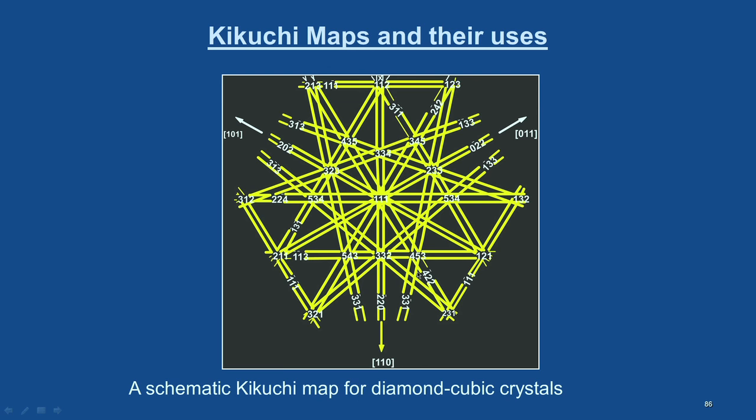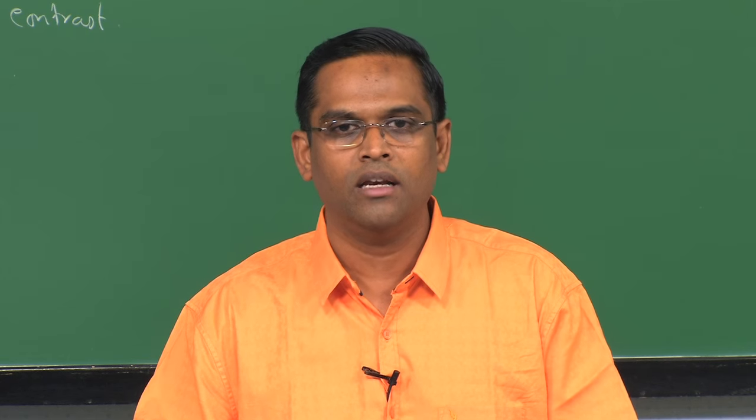So, we will just see some of the applications of this. As I mentioned, you can map the grain orientations, and orientation mapping, and then you can identify the phases and you can quantify all the microstructural parameters. We will just show you some glimpses of all this, if not in detail.